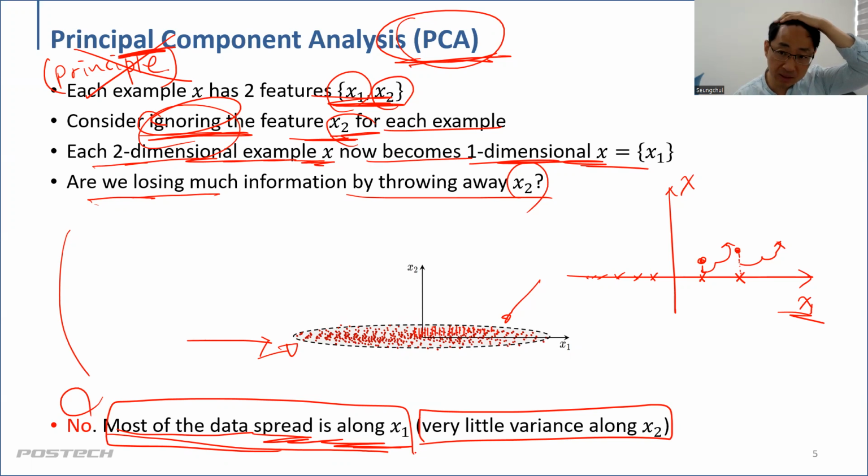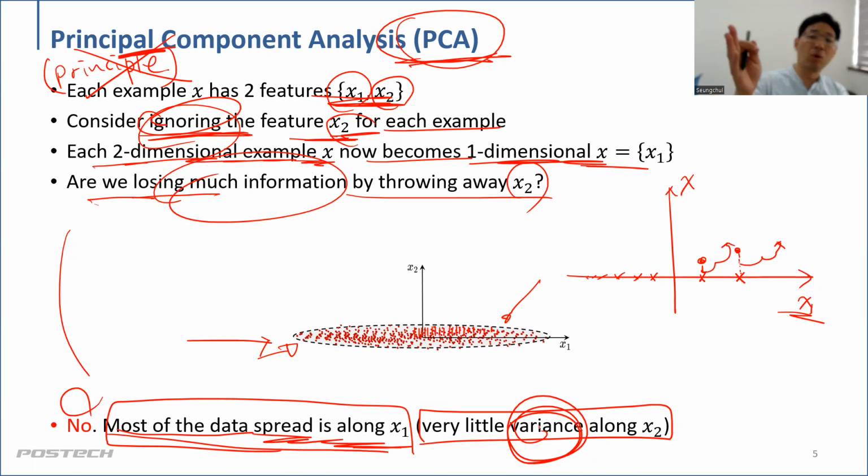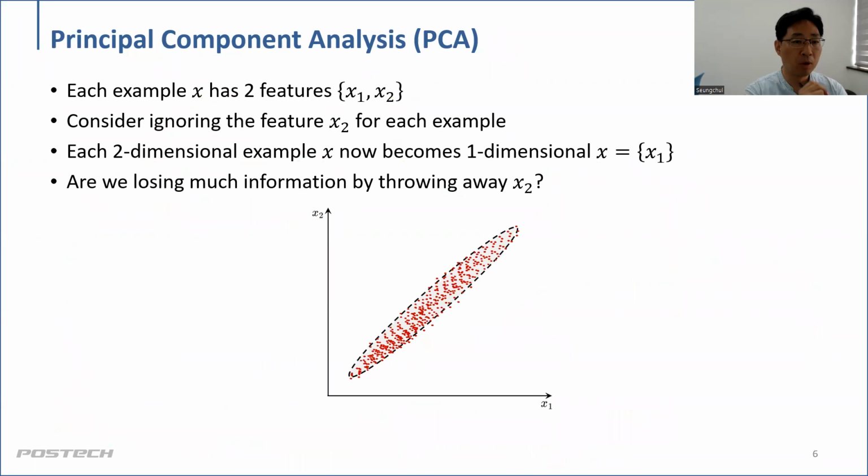So another insight is how much information we're going to lose or keep. That's really important, and the metric is related to the variance along that axis. Does it make sense?